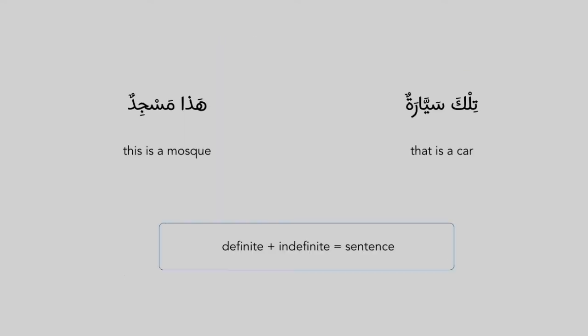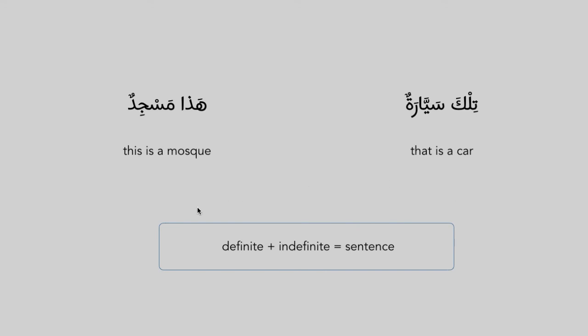Again, a couple more examples there, but the thought we wanted to leave you with is this idea of definite plus indefinite equals sentence. هذا مسجد. We have the definite هذا and the indefinite مسجد, and that creates a sentence. It's really important to get that down and to start analysing grammar in that way.